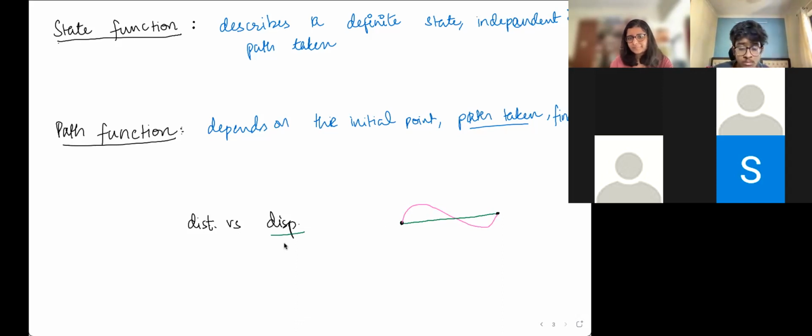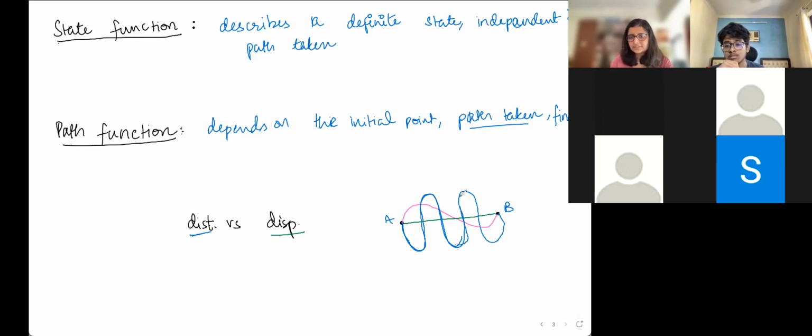Same. Displacement will be same. So it doesn't really matter what sort of path I'm taking, right? It just, okay, during 5 seconds, my displacement is from here to here. That's it. But distance is going to matter, which path I took in getting from point A to point B.